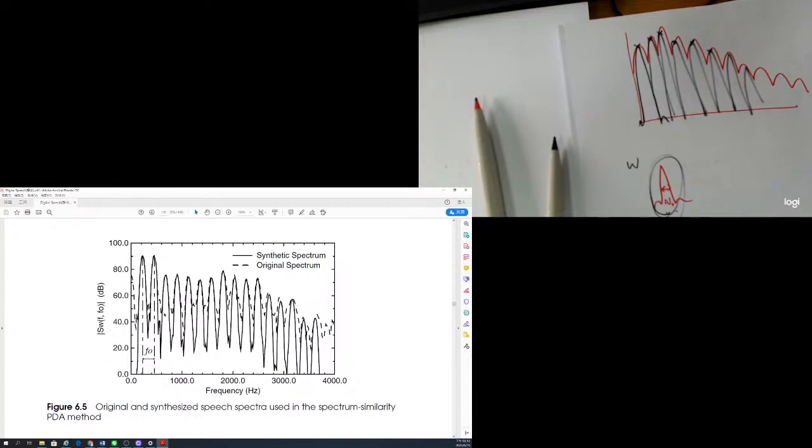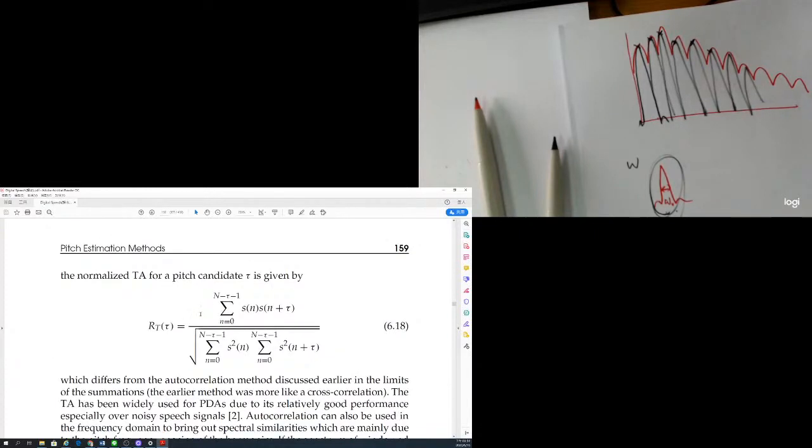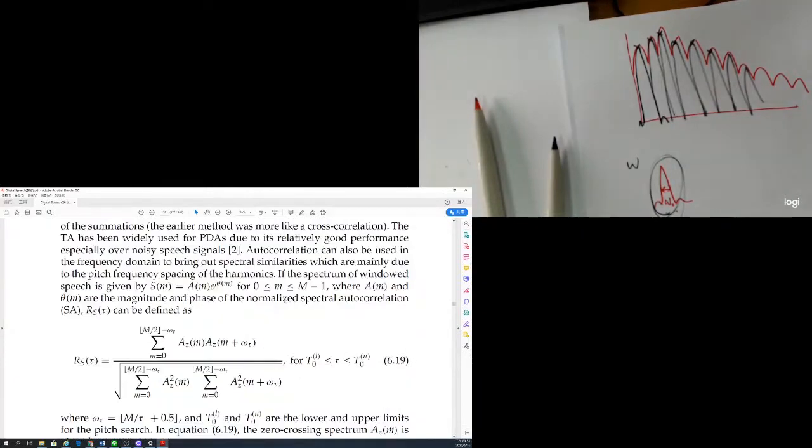If the fundamental frequency matches the original signal's fundamental frequency, you get the best match and the distortion will be lower. So this one is what we're talking about: the normalized spectrum autocorrelation.